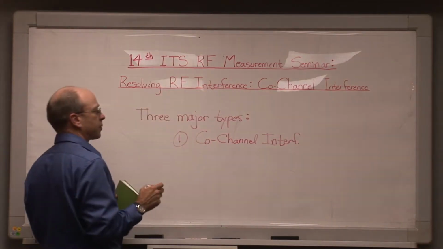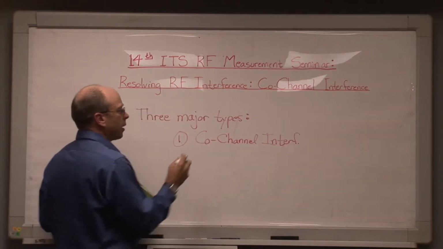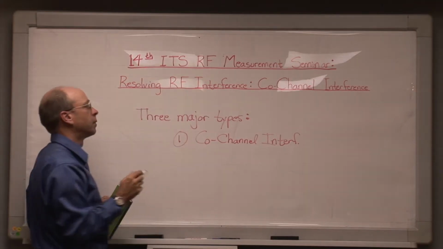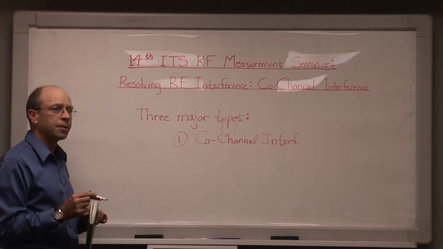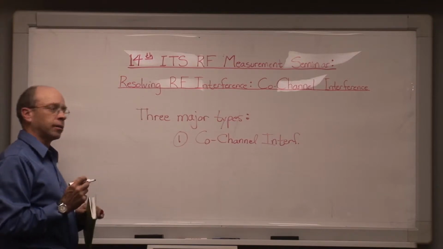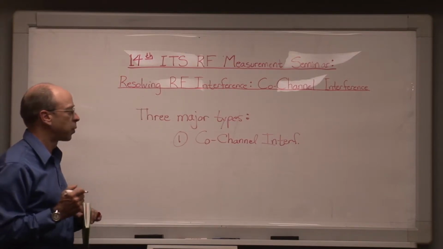And this is interference, which I'll describe a little more in a moment, but basically this is interference where energy from some transmitter or some source is occurring on the desired frequency of a receiver that's experiencing interference problems.